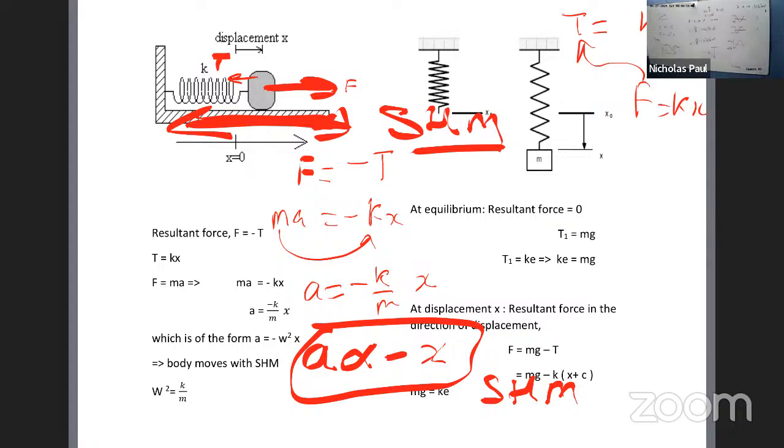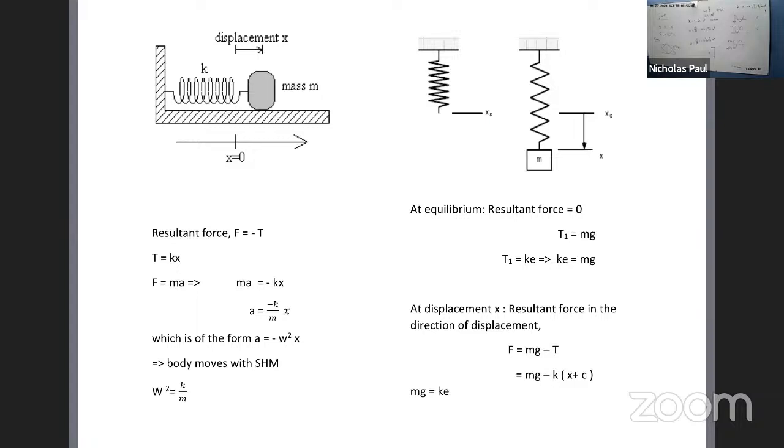I'm going to show you back one more time. I'll give you a diagram and I'll displace it some distance x. If I apply a force here, that force will be equal to tension. So F is equal to minus T. F is equal to ma, tension is equal to minus Kx. x is the displacement.